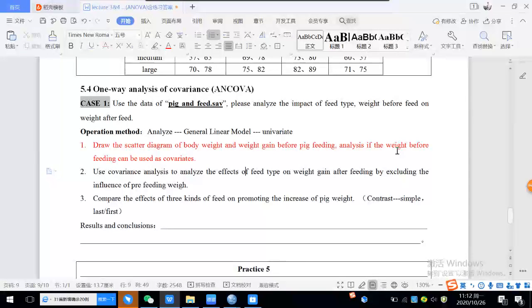So firstly, we think about whether the weight before feeding can be used as a covariate. Here we will draw the scatter diagram of the weight before and after pig feeding.